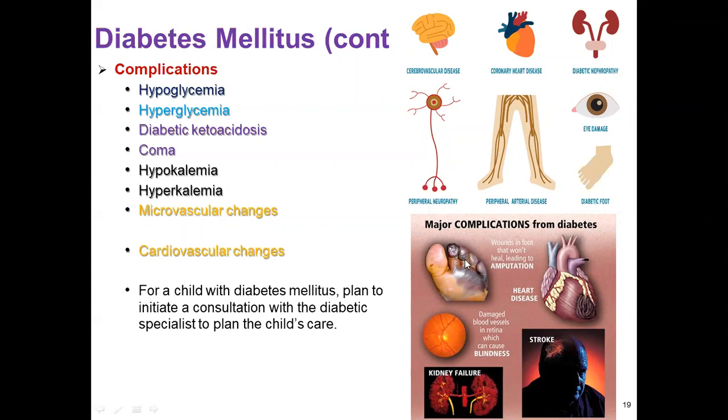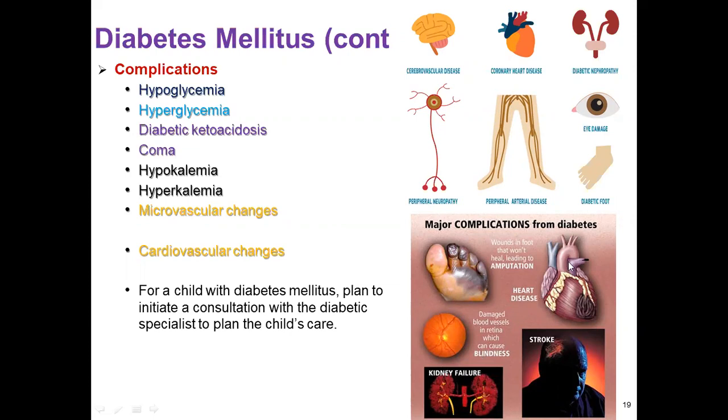Important as a healthcare worker, we need to know: when the patient develops retinopathy, it means damage to the blood vessels in the retina, which can cause blindness. Nephropathy develops, leading to glomerulonephritis.